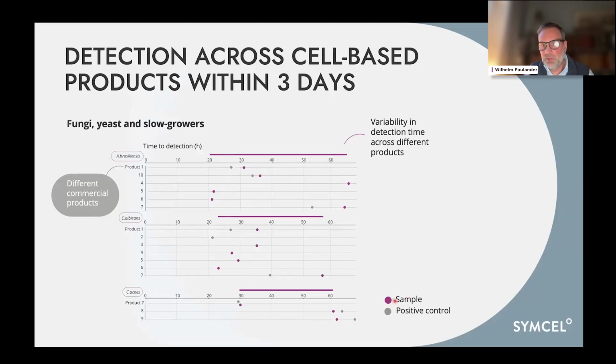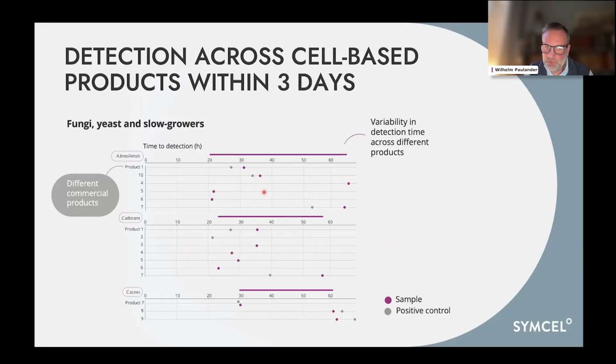So the purples are samples and the gray dots are just microorganisms grown in the growth media. As one can see here, in most cases for Aspergillus brasiliensis and Candida albicans, there is actually a small effect, or in some cases a larger effect of the sample on time to detection.